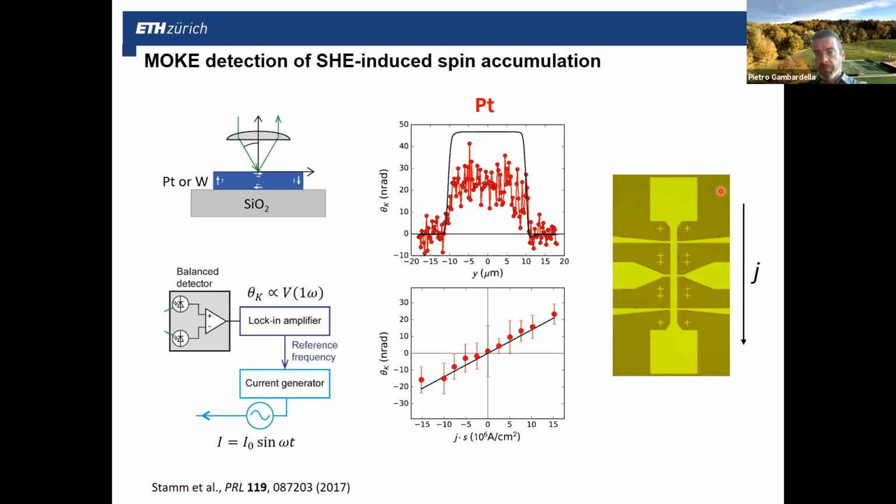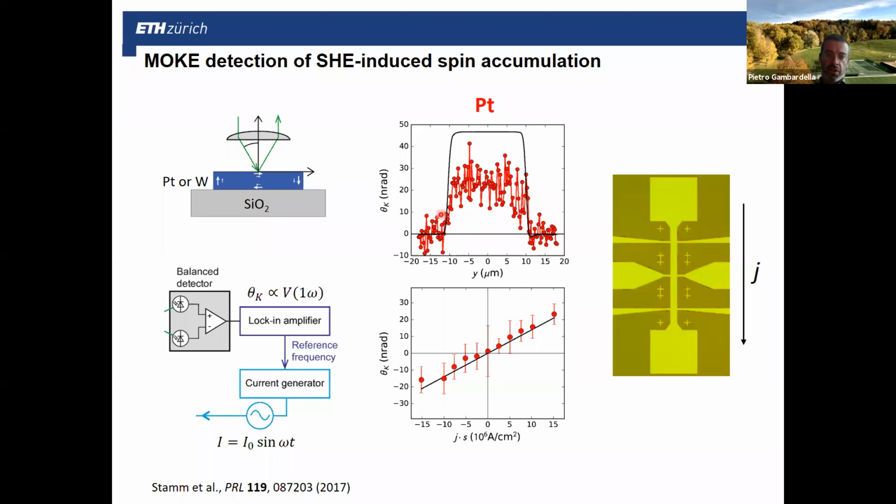Here we have a platinum Hall bar. This is the structure defined by optical lithography. So this is a platinum film that can be 5 to 50 or 100 nanometers thick. And then we send a current along the bar. And we place this device into a scanning optical microscope where we focus a laser beam on the surface of this bar, and we scan it across the bar itself.